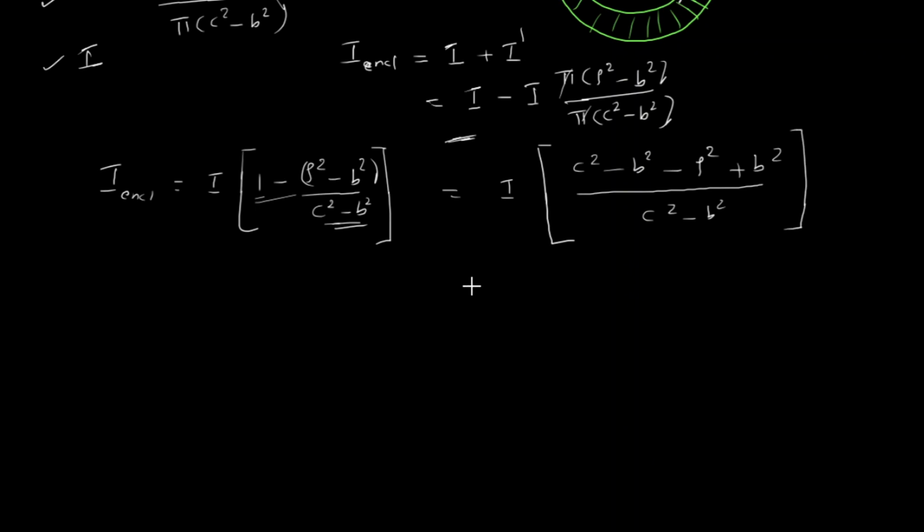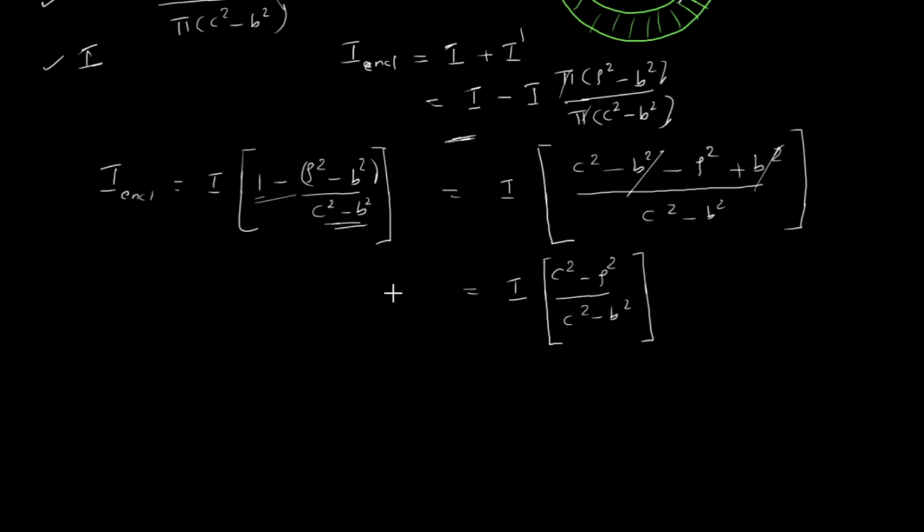So this turns out to be a better equation, because this b square cancels and evaluates to 0. So this just becomes I multiplied by c square minus rho square divided by c square minus b square. So this is my I enclosed.